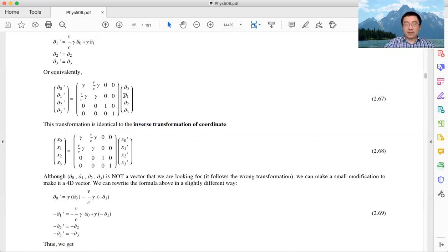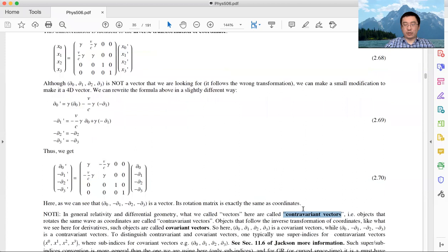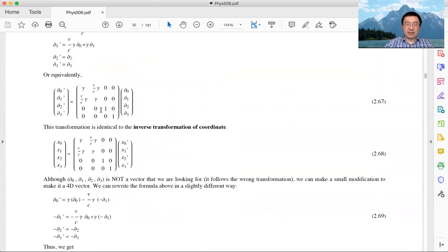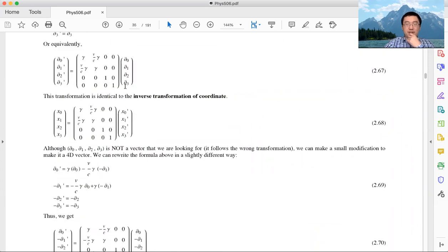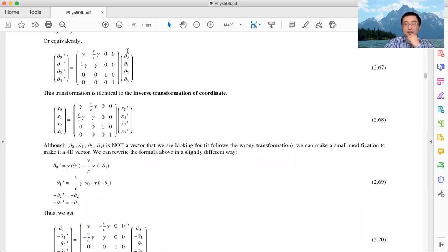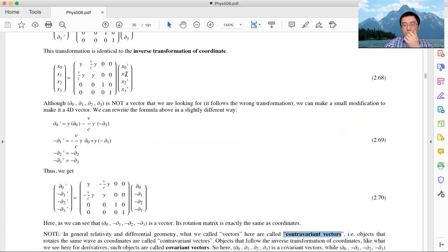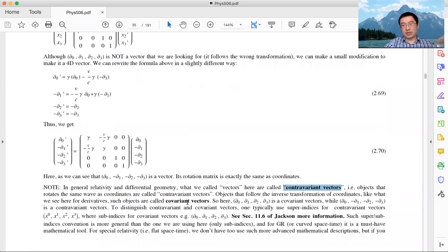So this type of object is called a covariant vector. It is almost the same as the contravariant vector we are using, except that its matrix is exactly the inverse. So the naively written four derivatives form a covariant vector, whose transformation is the inverse of the contravariant vector.